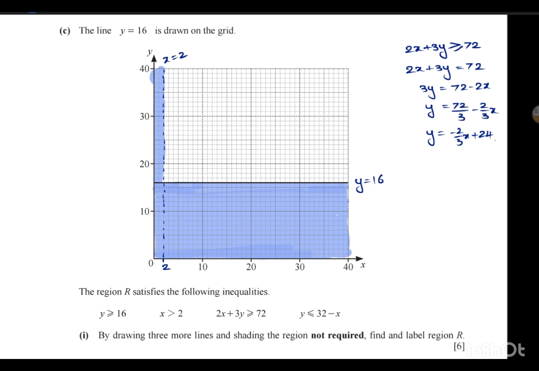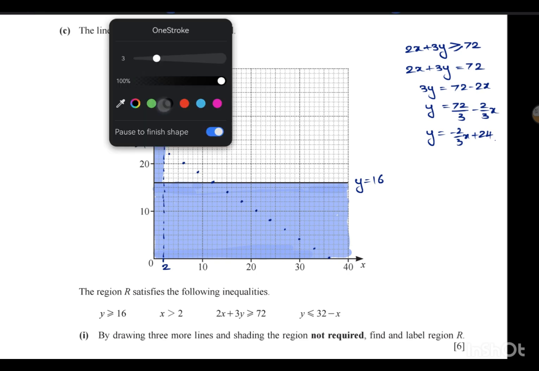So 24 will be here, and it is minus 2 boxes down and 3 boxes right. So go 2 boxes down, 3 boxes right, 2 boxes down, 3 boxes right, 2 boxes down, and draw. Take your rulers and draw this line.